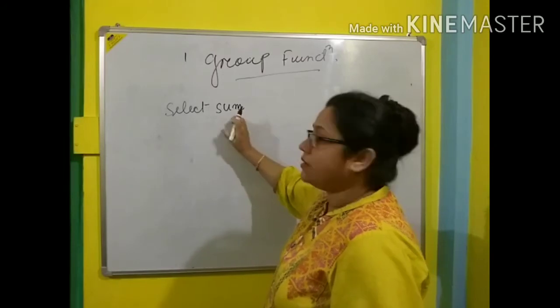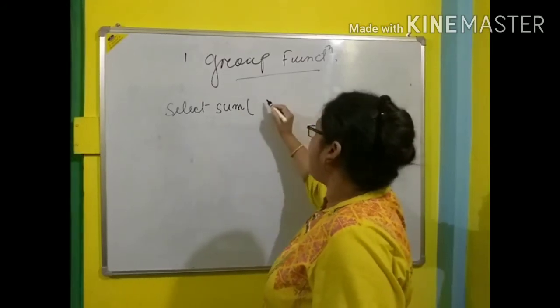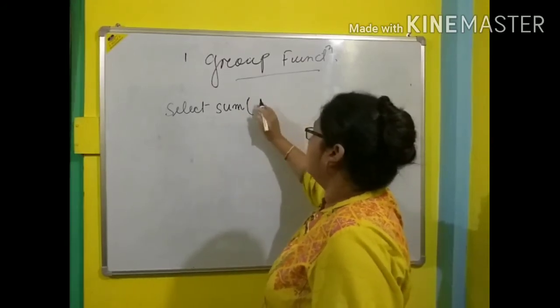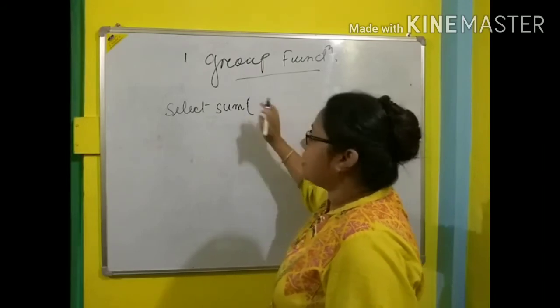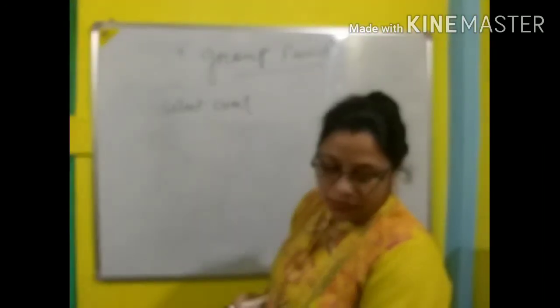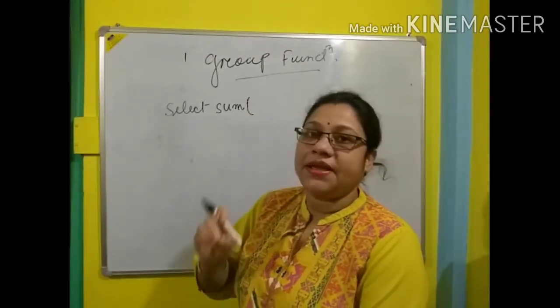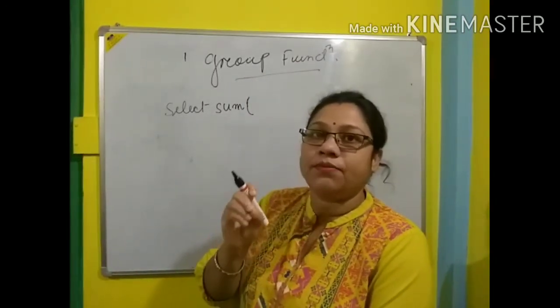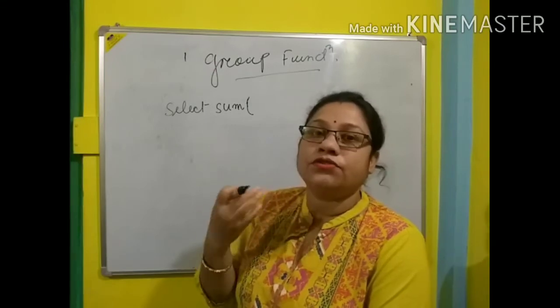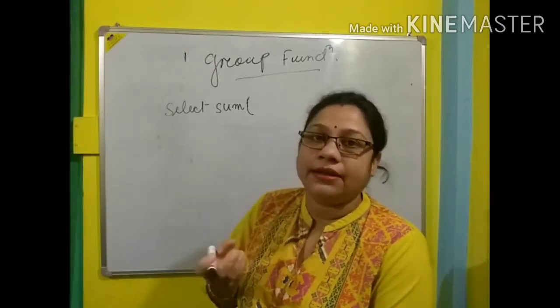This is the function name and this is the function symbol. Within the round bracket you write down the column name. That means you give the column name for which you want to find out the sum value.